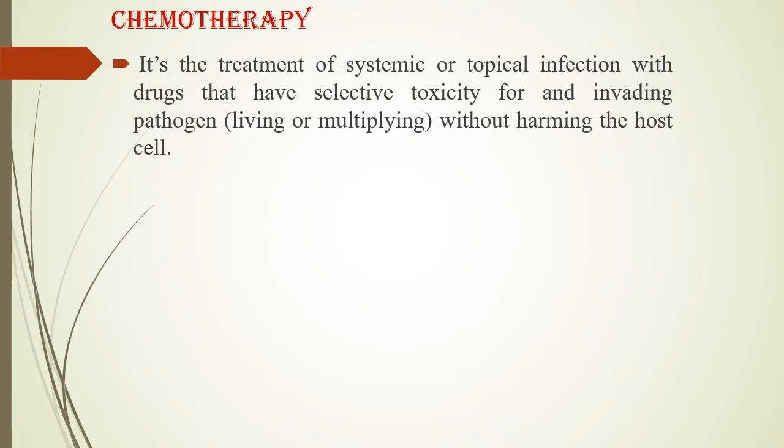Now this pathogen can be living or multiplying. Certain pathogens will enter and stay as they are and cause disease, but certain pathogens will enter and multiply. They will increase their number by frequent multiplications, so from one pathogen, two pathogens, then 4, 6, this way.